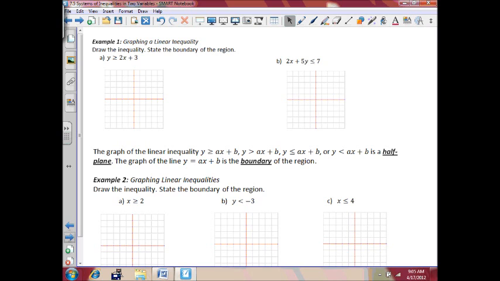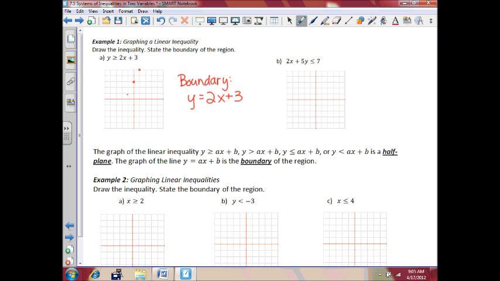So in example 1 here, we have to draw the inequality and state the boundary of the region. Well, my boundary will be y equals 2x plus 3. So that's what we're going to graph. We go up 3, then up 2 over 1.